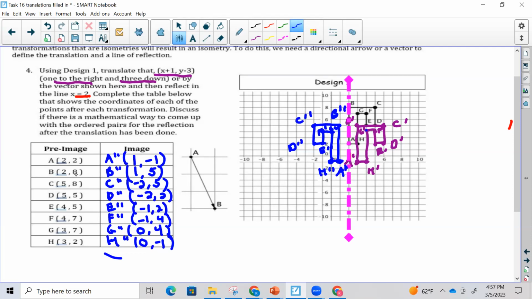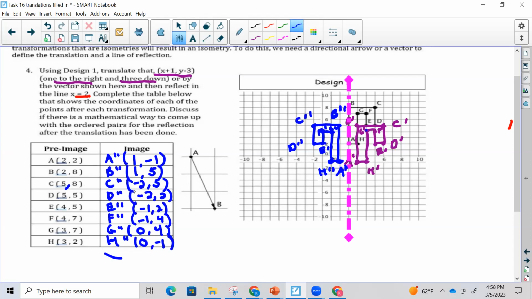And same thing, B, when we moved it over right 1, like our original B prime, which is here, was at 2, but then when we reflected it, it became at 1. And then 5, we moved it right 1, but then when we reflected it, it was 1, 2, 3, 4 from the line. So when we reflect it 4, we get to -2.